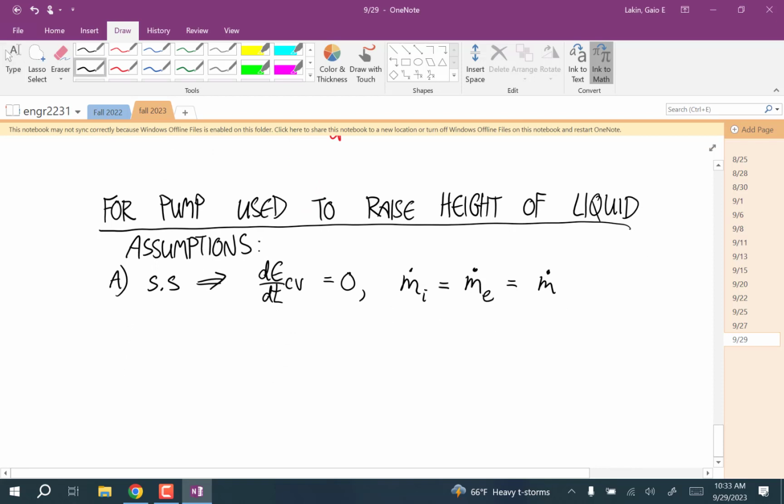We're going to tend usually to assume that there's no heat transfer, so Q dot for the control volume is 0. We're still going to usually assume that there's no change in speed that makes a big difference, the kinetic energy. But now the potential energy is going to matter because we're changing the height of the liquid. So the change in kinetic energy we're going to assume is 0.